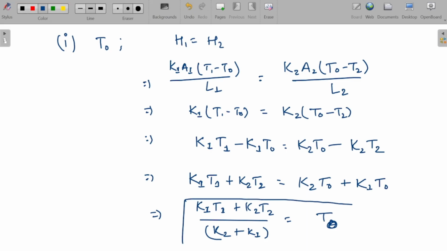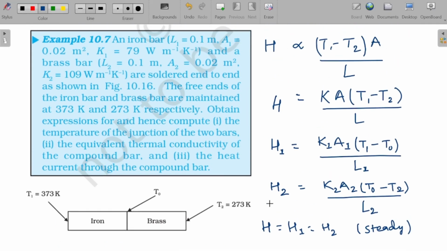So you can try this calculation by yourself and you can arrive at this. So we have here T naught, that is the temperature of the junction, and everything is given here. So we have here K1, T1, K2, T2. All things are here. K1 is given, K2 is given, T1 and T2. All things are here.